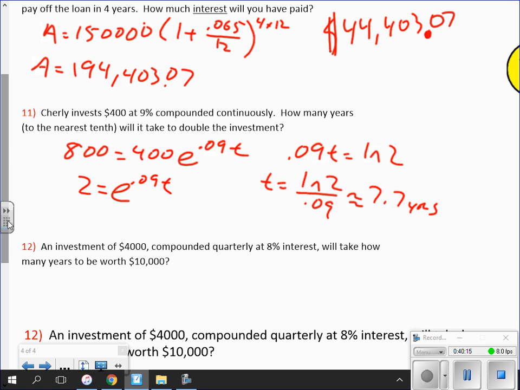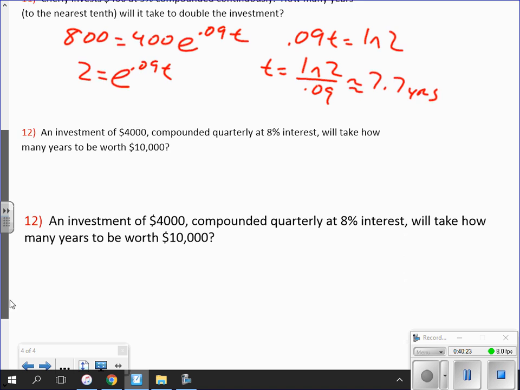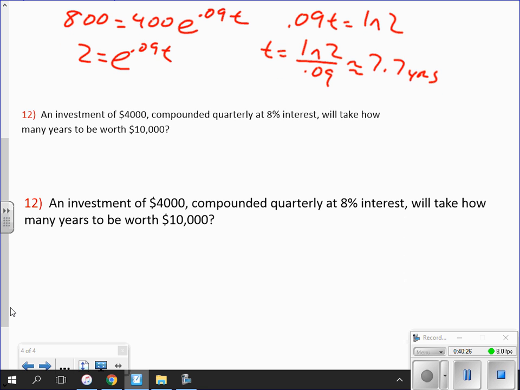Now, one more to go, because it repeats the same problem twice. So you don't have to go any more than one more. I don't know why it's on there twice. Okay, an investment of $4,000 compounded quarterly at 8% interest will take how many years to be worth $10,000?